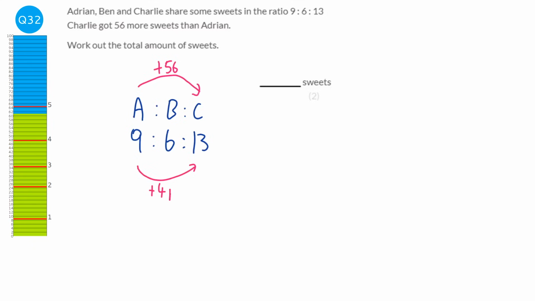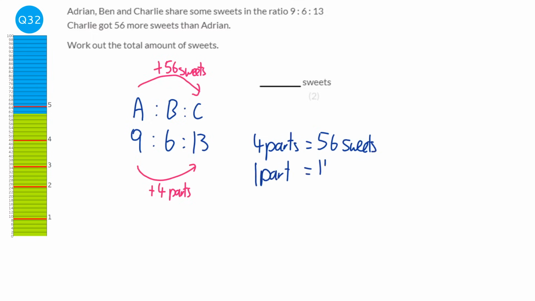So plus 4 parts represents plus 56 sweets. So 4 parts are worth 56 sweets. So 1 part would be 56 divided by 4, which is 14 sweets.